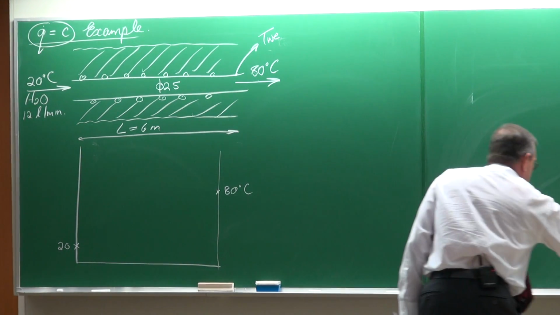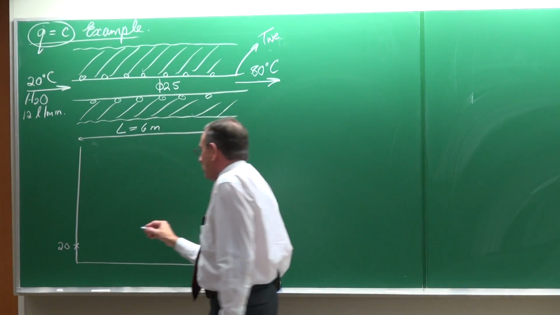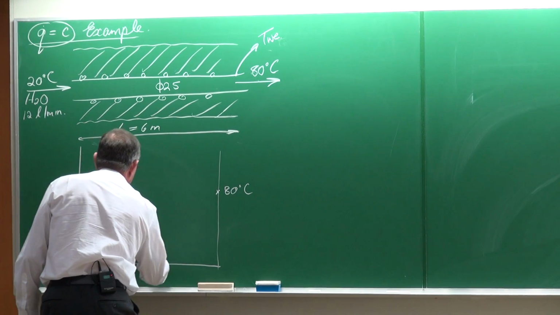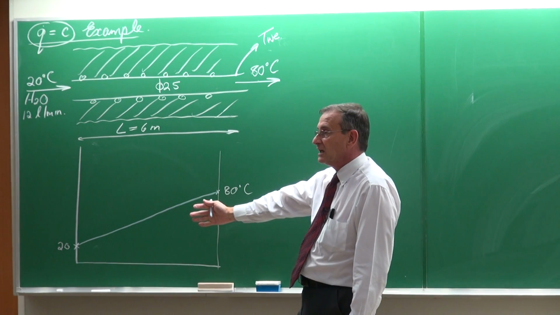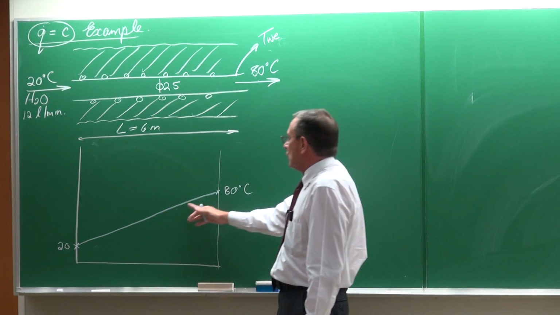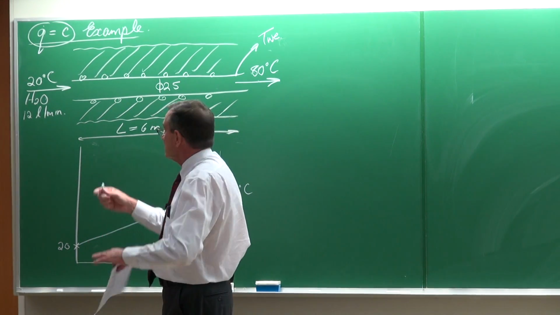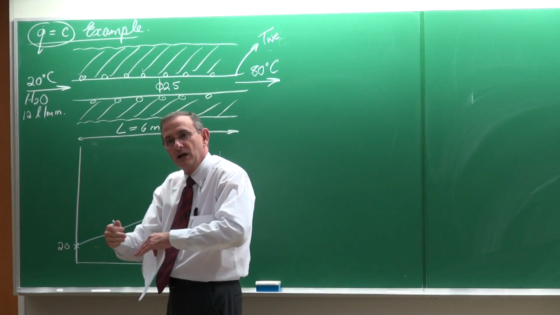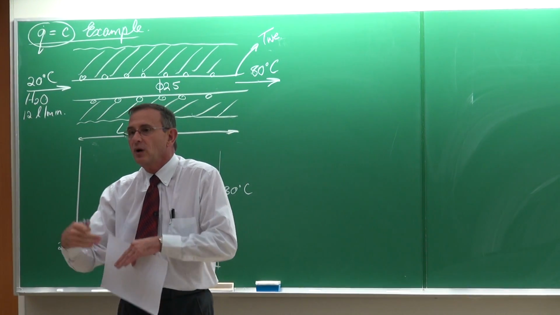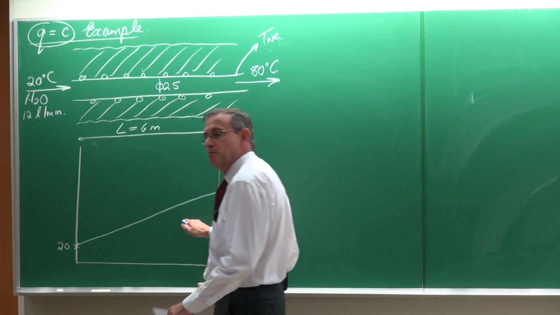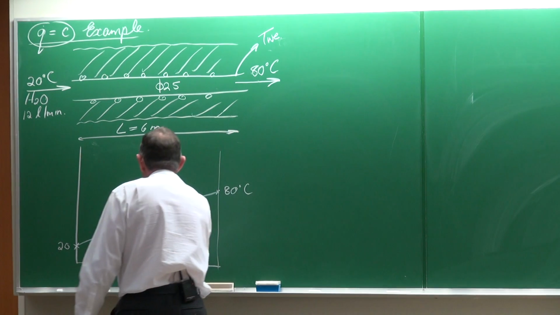Now, because it's a constant heat flux problem, if you go and look in that paragraph that I've said is so important, you will see that for a constant heat flux, the fluid temperature will increase linearly because we put in the same amount of heat every millimeter, every 10 millimeters, 1 kilowatt, another kilowatt, another kilowatt. Therefore, the temperature of the water has to increase linearly.